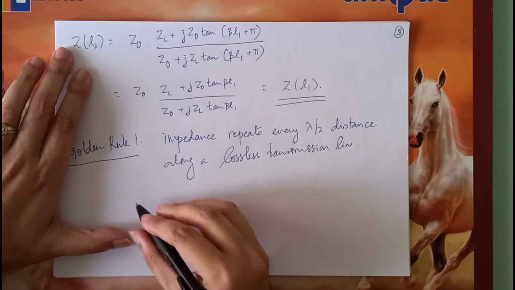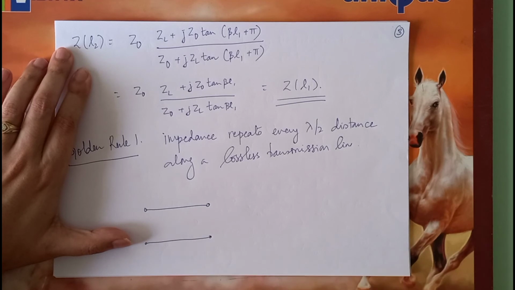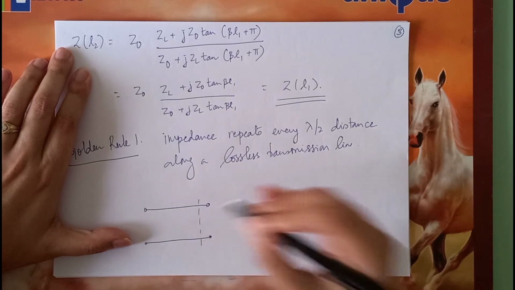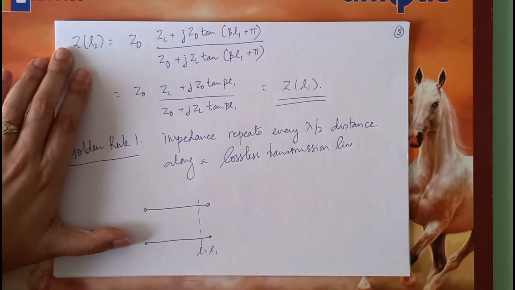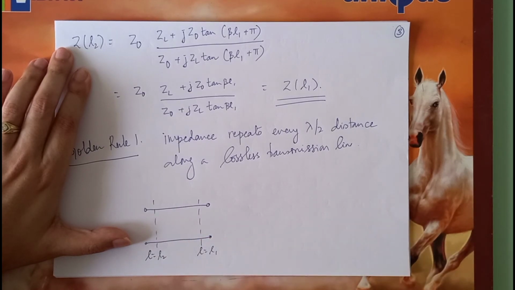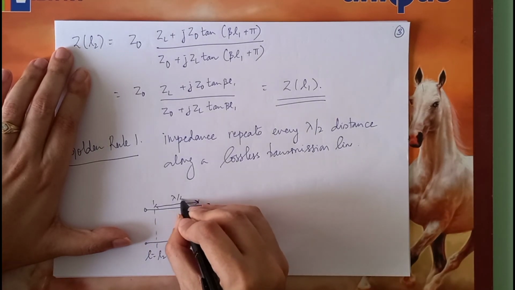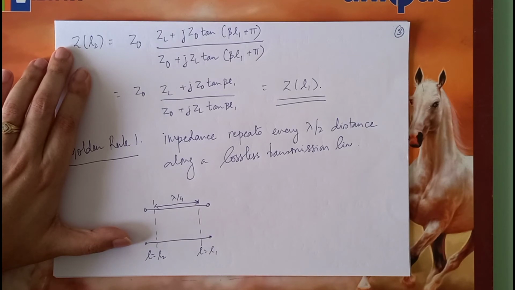Now let us do another study where we have a transmission line. Let us say at some point L equals L1, and we take another point L equals L2, but this time L2 and L1 are separated by a distance of quarter wavelength or lambda by 4. So that is like saying L2 is L1 plus lambda by 4. What would now happen?